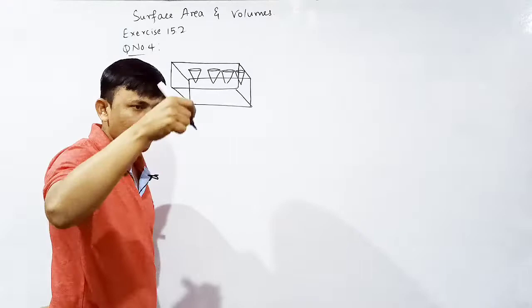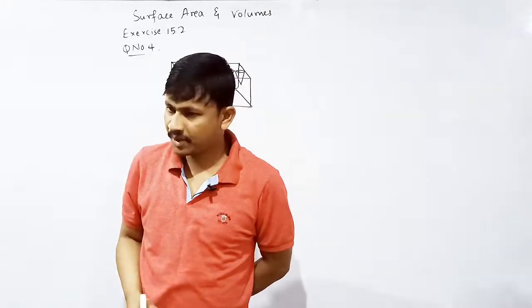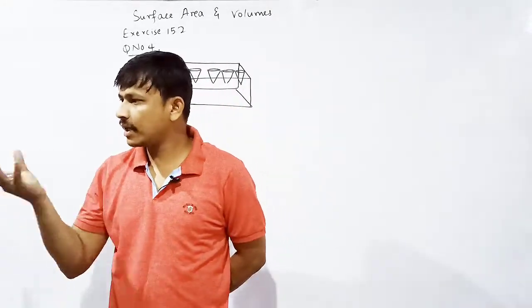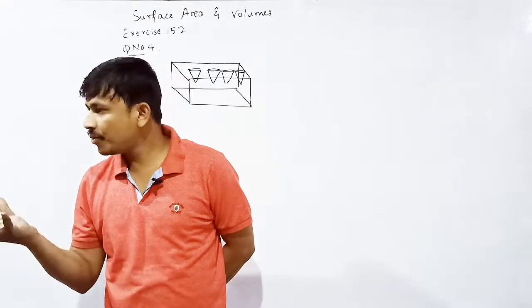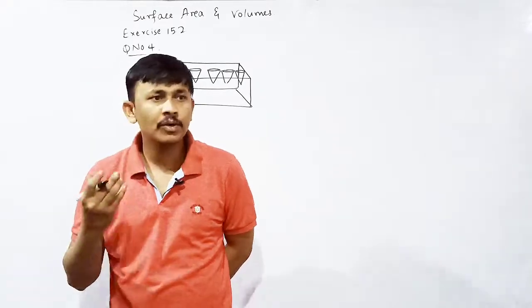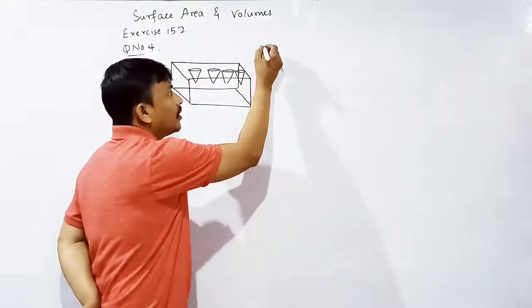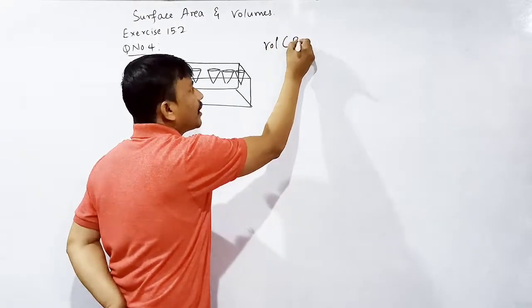Okay, pen stand. To make the pen stand, the depressions are cut out. We need to find out the remaining volume of the solid.